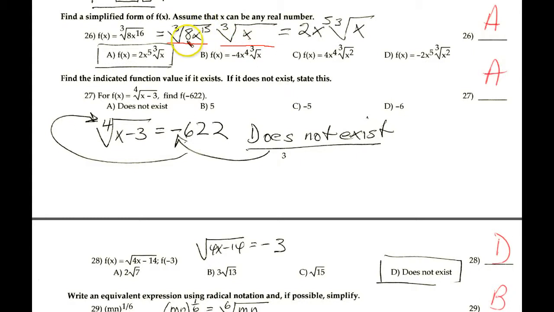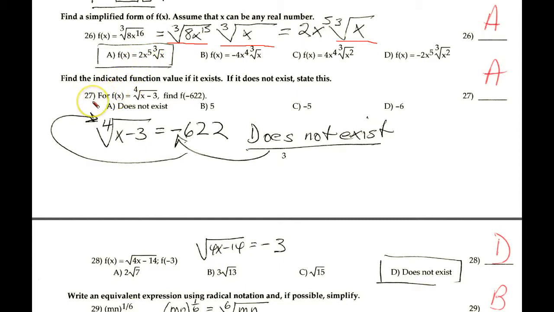Then we take the cube root of 8, which is 2. The cube root of x to the 15th, just divide that by 3, gives us x to the 5. And we just write the other radical sign. And that was letter A. I guess they have trouble making smaller numbers there, but hopefully you can figure it out.